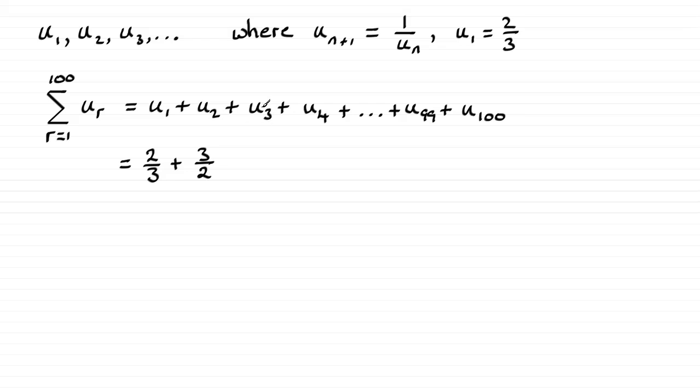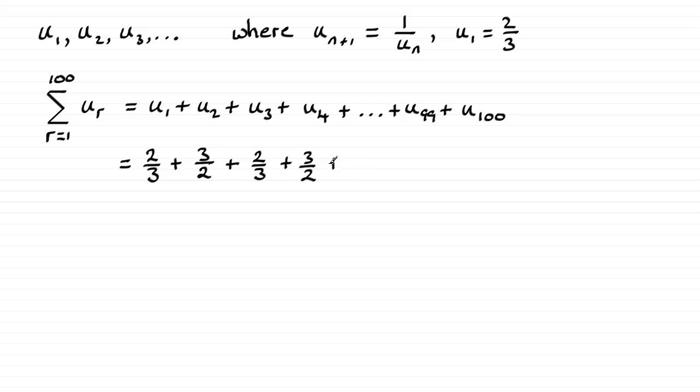And then when we get to u3, that's going to be 1 divided by u2. 1 divided by 3/2, again just invert the fraction, that's going to be 2/3. So clearly I can see that we've got a pattern emerging here. When it comes to u4, we've got 1 divided by u3, 1 divided by 2/3, back to 3/2 again.